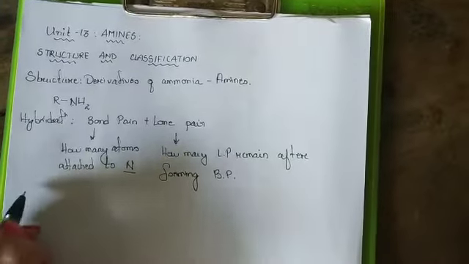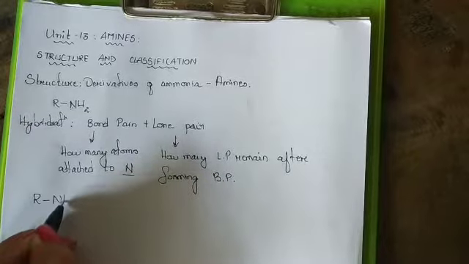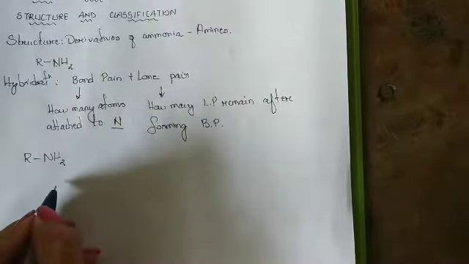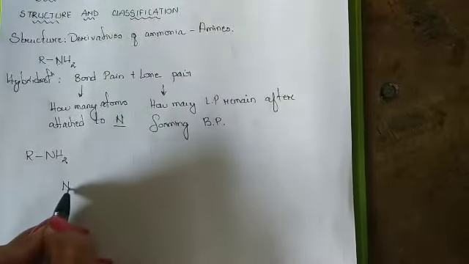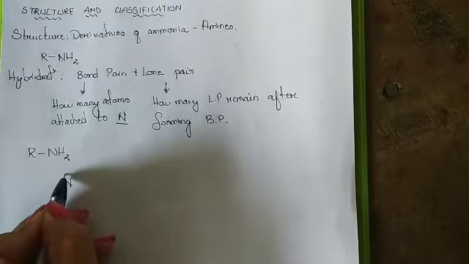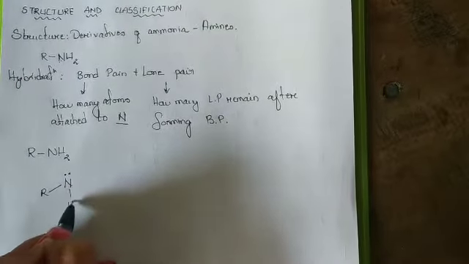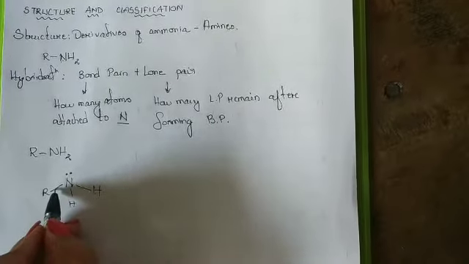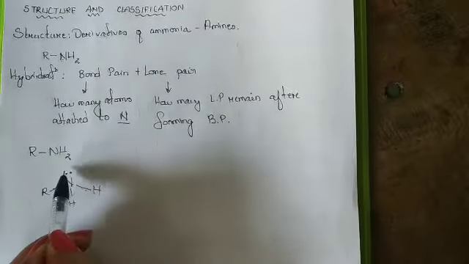Now let us check for the amine molecule R NH2. We see here that nitrogen has one lone pair and 3 bonds, one R and H and H. So 3 bonds are formed by the central atom, 3 bonds and 1 lone pair.